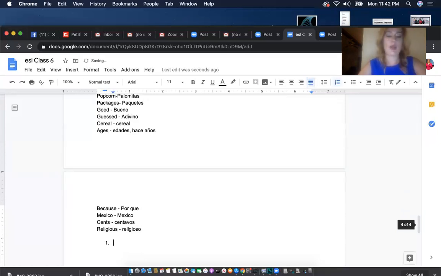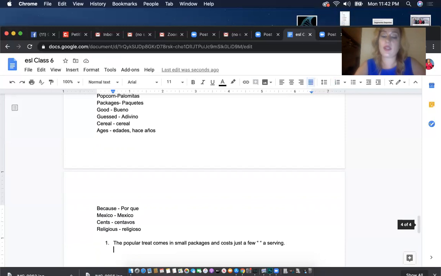All right, now we're gonna look at the first one. It says, the popular treat comes in small packages and costs just a few. That's where we have to figure out what the word is. A serving. So when you're trying to learn a new language, what I recommend, and you're trying to figure out what's the best word to use in a space, I recommend to translate.